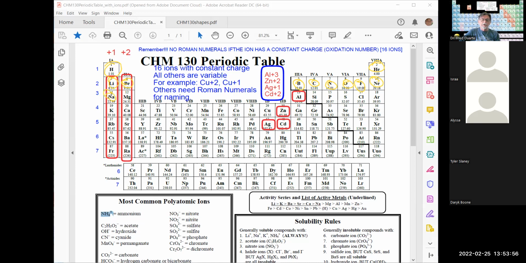We got sodium here on period 3, and then followed by magnesium, shoot across to Al, good old Al for aluminum, Si for silicon, P for phosphorus, S for sulfur, Cl for chlorine, Ar for argon, followed by K for potassium, and then number 20, Ca for calcium.